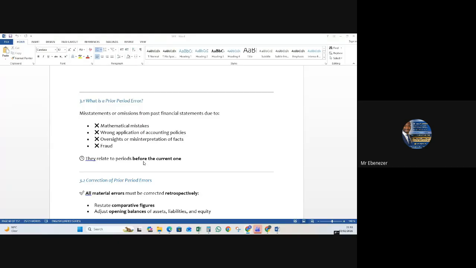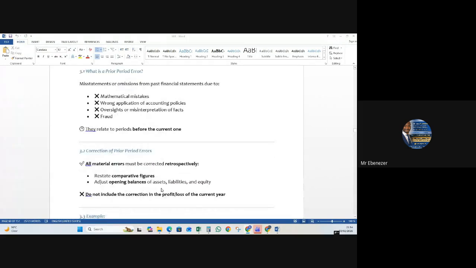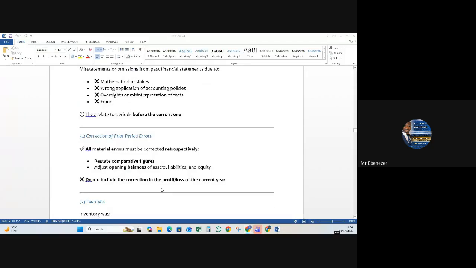If it is a material error, you go back and correct the error retrospectively. Then you restate the comparative figures, and adjust the opening balances of assets, liabilities, and equity, however it will affect you. So you need to restate it.